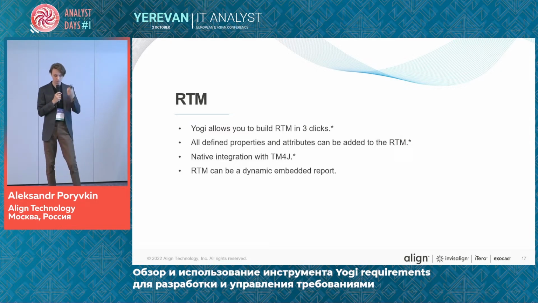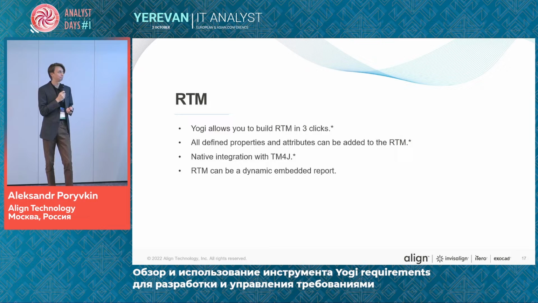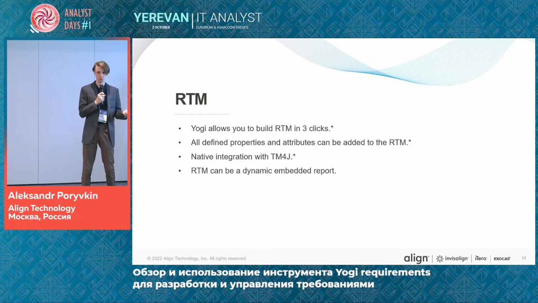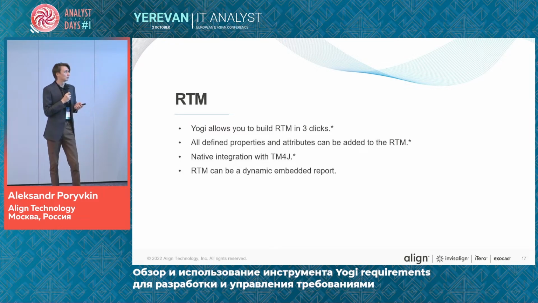RTM can be a dynamic embedded report. By creating a flexibility matrix, it's not a static document. You can save it and insert it in another page as Yogi macro, which will be an updatable page, which is a good way to keep track of the project status, coverage, percentage, and so on.